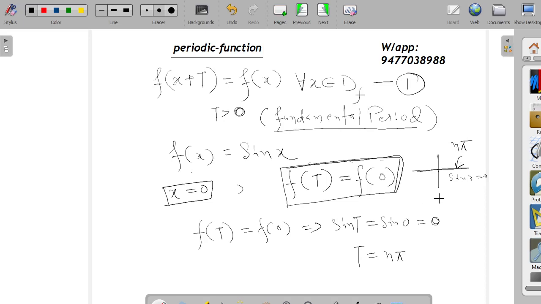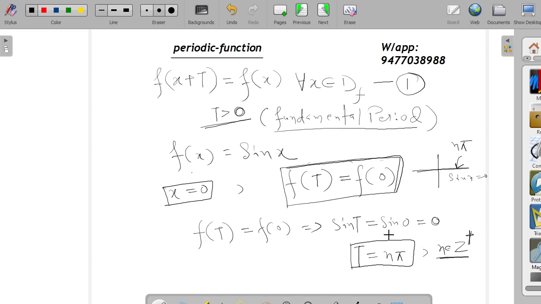So we have t equals n pi, where n is a positive integer, because t is always positive.